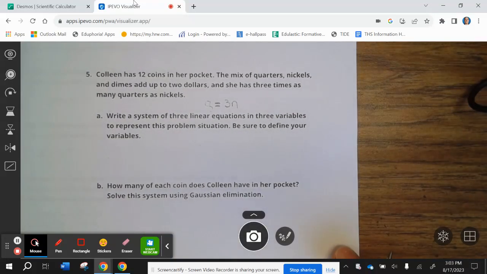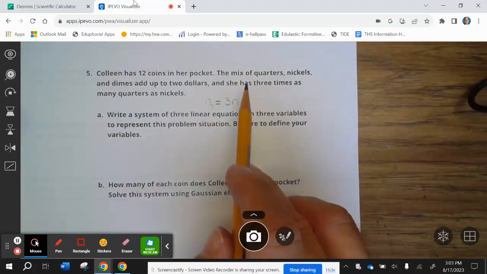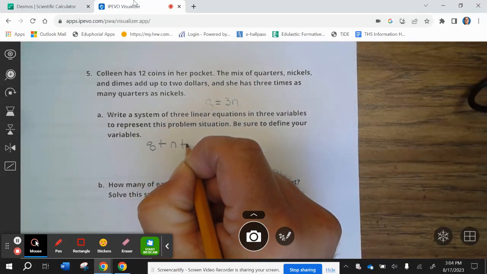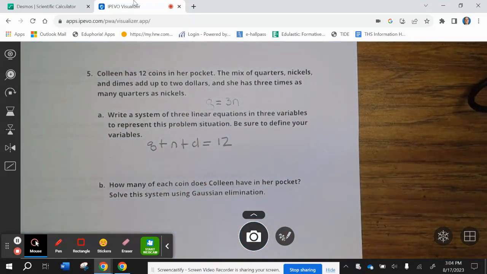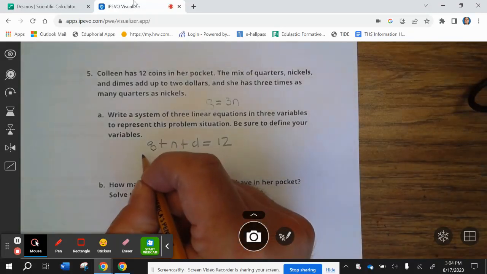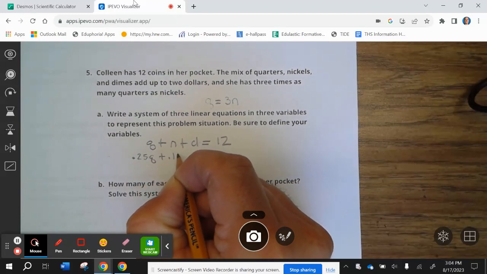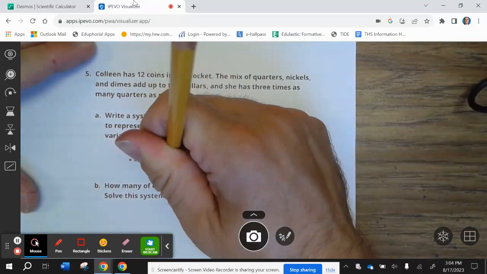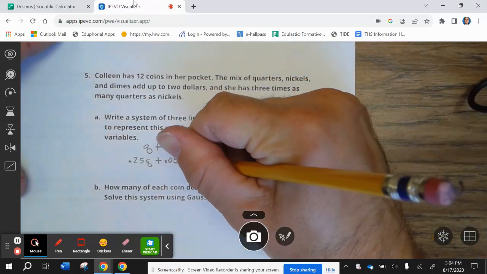Okay, so we're going to write our equations. First off, we have quarters, nickels, and dimes. So quarters plus nickels plus dimes equals 12. There's 12 coins. Now we talk about money. Quarters are 25 cents, so that's 0.25Q plus 0.05N, nickels are 5 cents, plus 0.10D, dimes are 10 cents.